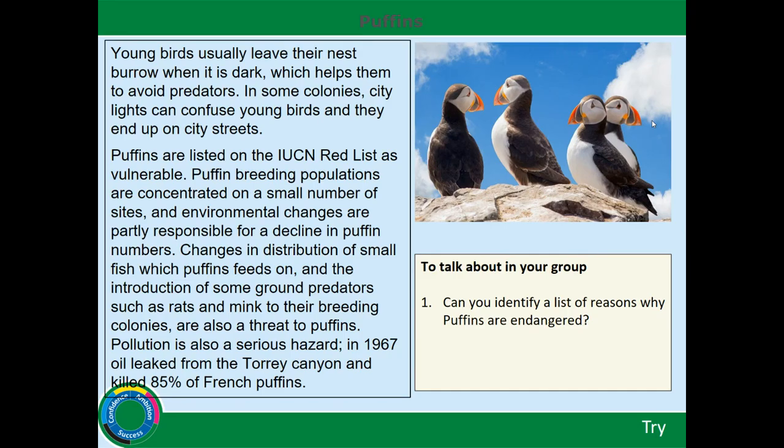Changes in distribution of small fish, which puffins feed on, and the introduction of some ground predators such as rats and mink to their breeding colonies are also a threat to puffins. Pollution is also a serious hazard. In 1967, oil leaked from the Torrey Canyon and killed 85% of French puffins.